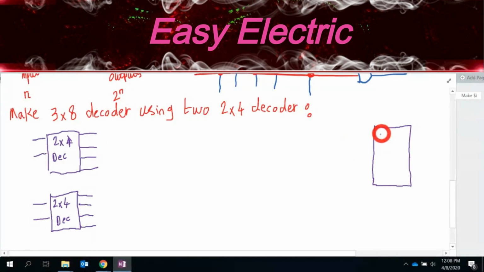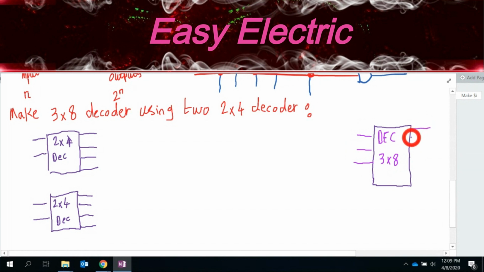So here you have a decoder. Whenever you say 3x8, you tell me how many inputs we should have. Just type it on the chat box. 3x8, definitely you have 3. Whenever you have 3, how many outputs should we have? 2 power 3, which is 8.